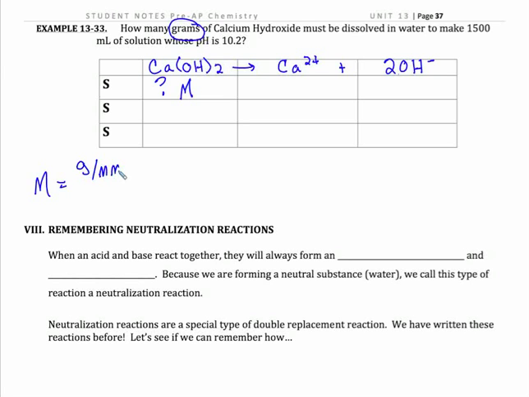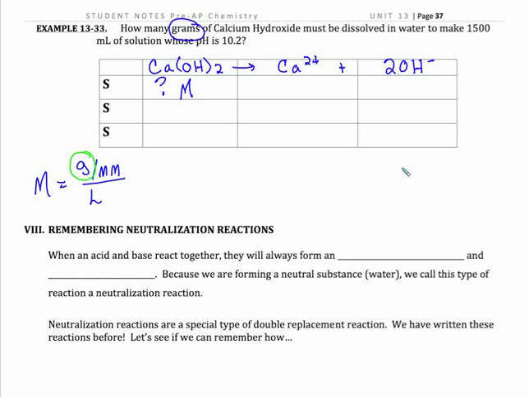So remember, molarity is mass over molar mass divided by liters. That's our ultimate goal. If I wanted to make this in the lab, if I needed a solution that was pH 10.2, how many grams of calcium hydroxide would I have to add?